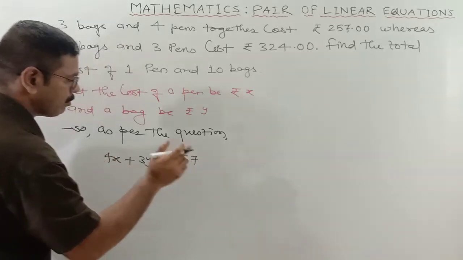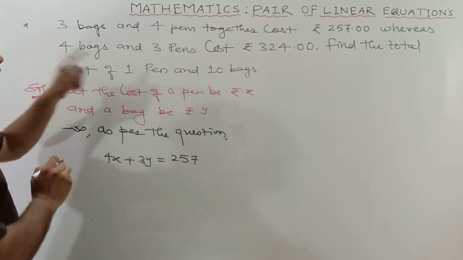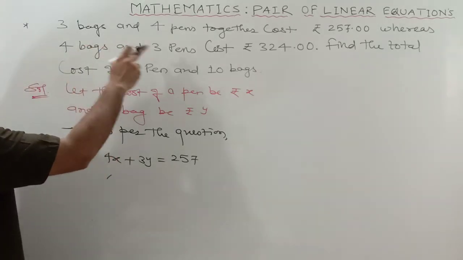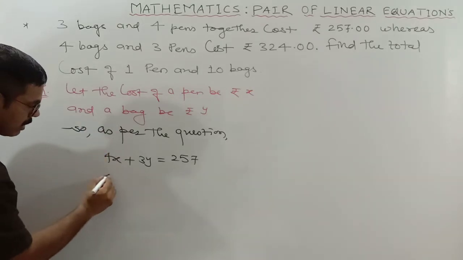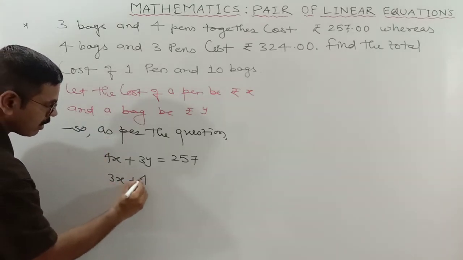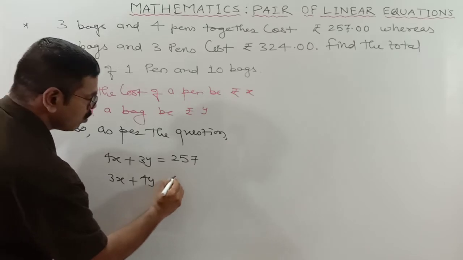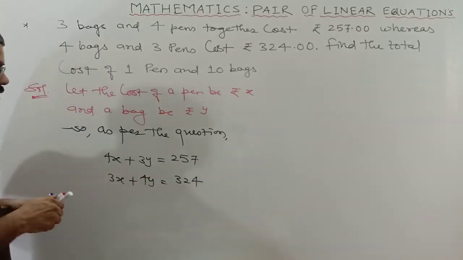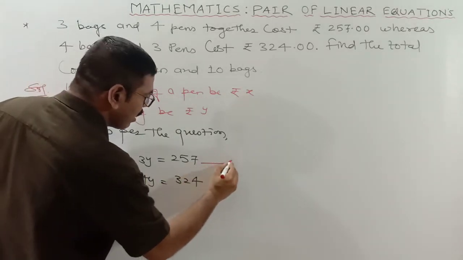This is your equation number 1. Again by the second, 4 bags means 4y and 3 pens means 3x. 3x plus 4y is equal to 324. Is there any doubt? This is equation number 1 and this is equation number 2.